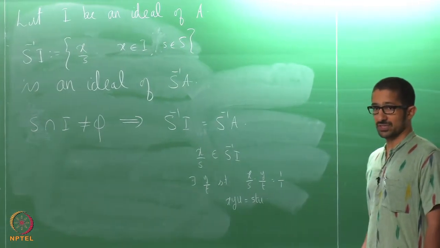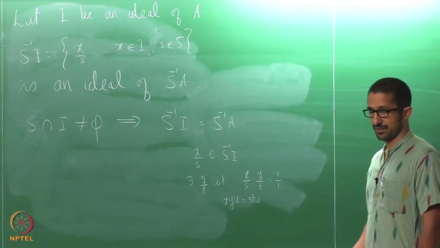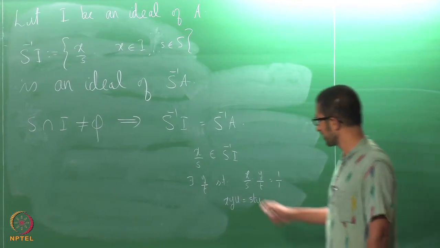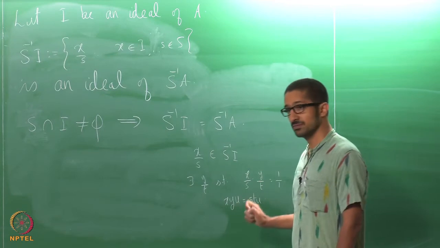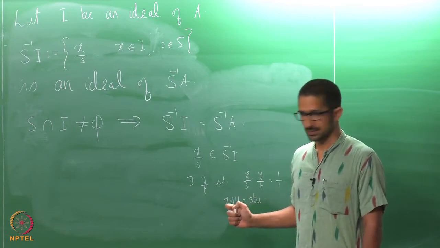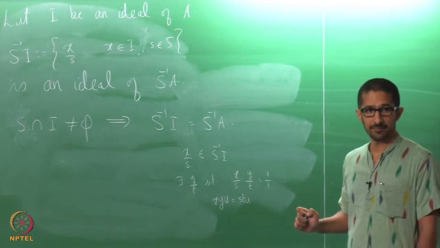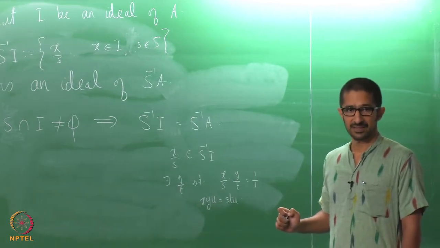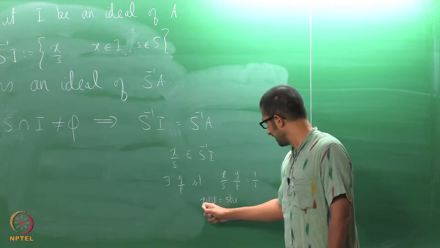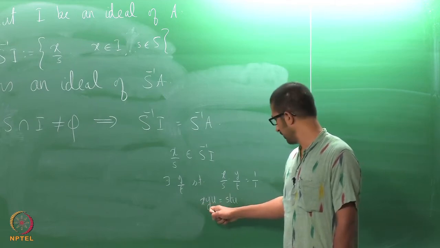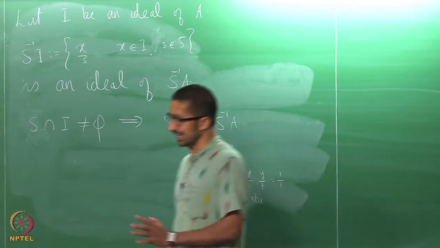What we want to check is whether S intersection I is non-empty.